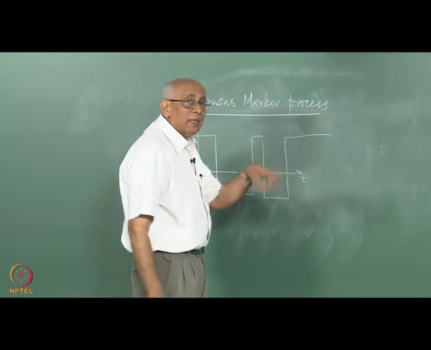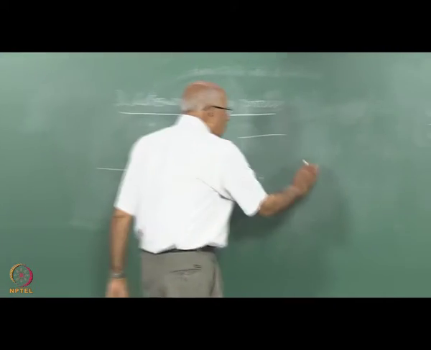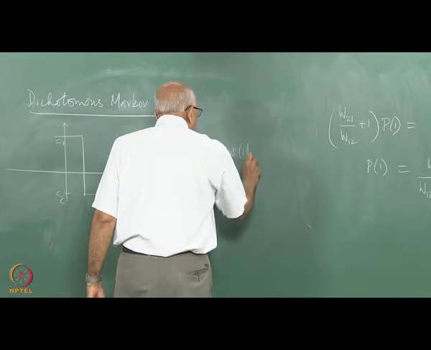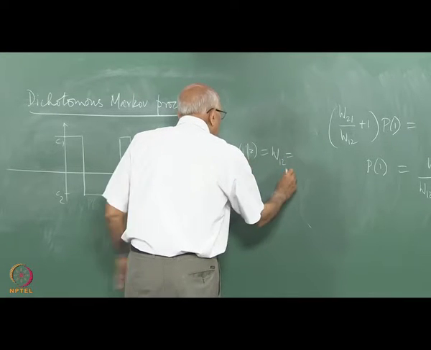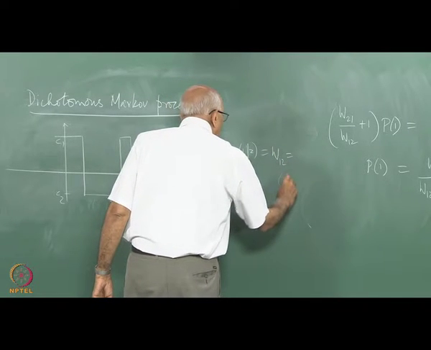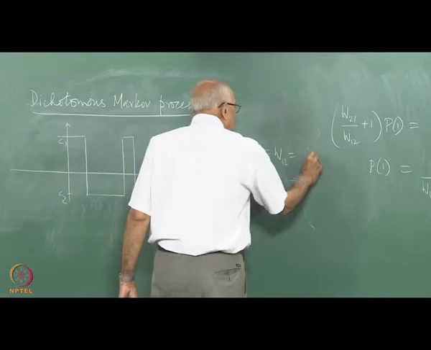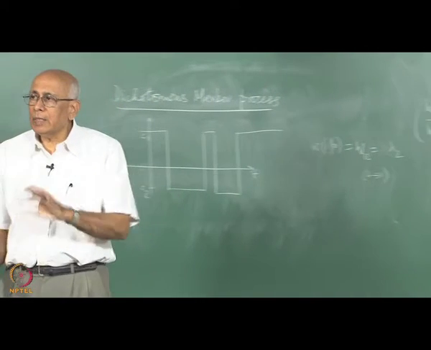Now what is the rate or average rate at which it switches from one to the other? We have said that W12 is the rate at which 2 to 1 switching is happening. So let us call this lambda 2, the rate at which the system switches state.